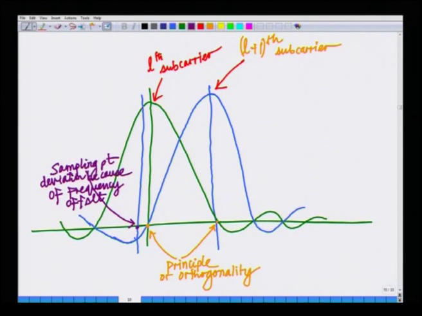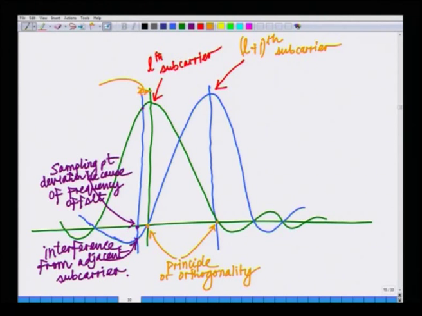As you can see now, when I sample this, the value of the desired subcarrier is lower, and more importantly there is interference from the adjacent subcarrier. This value here is nothing but the interference from the adjacent subcarrier, and this distance here is nothing but the carrier frequency offset.